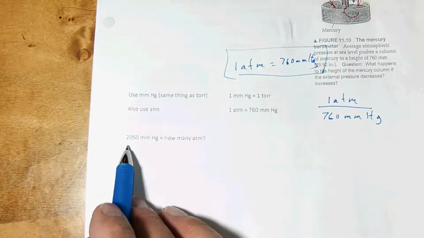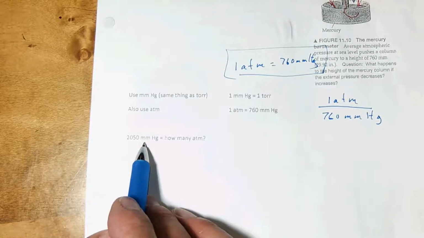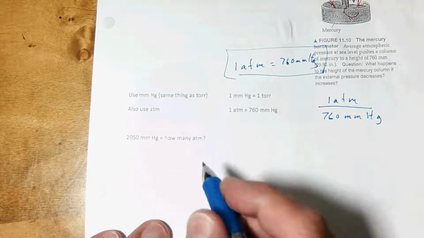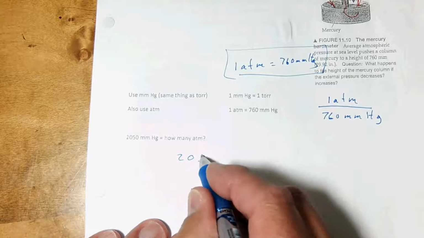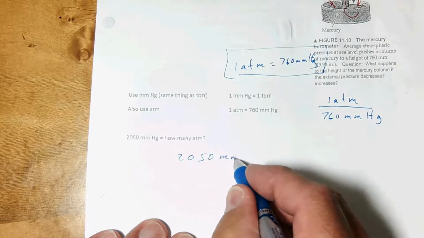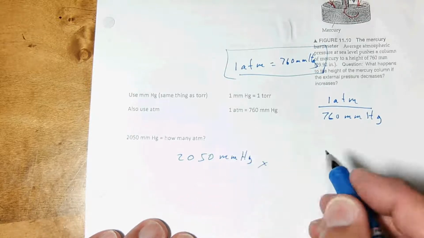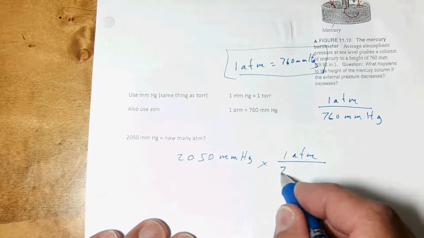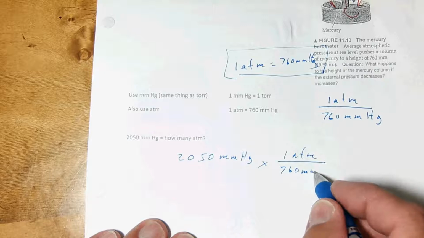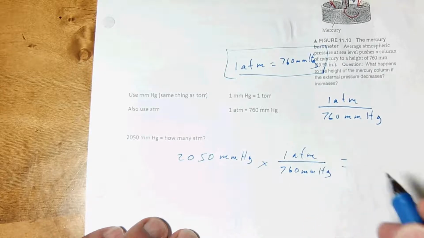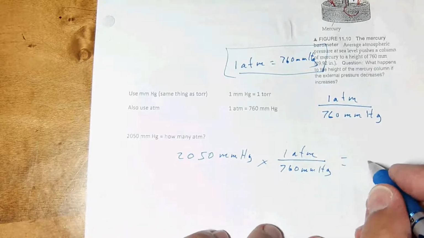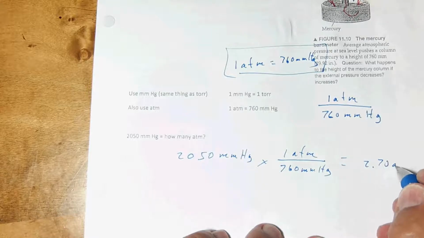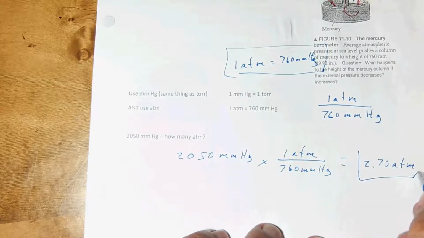So let's say you have a gas with this pressure. How many atmospheres is that? So many millimeters of mercury. 1 atmosphere for every 760 millimeters of mercury. And you would end up with, that's 2.70 atmospheres.